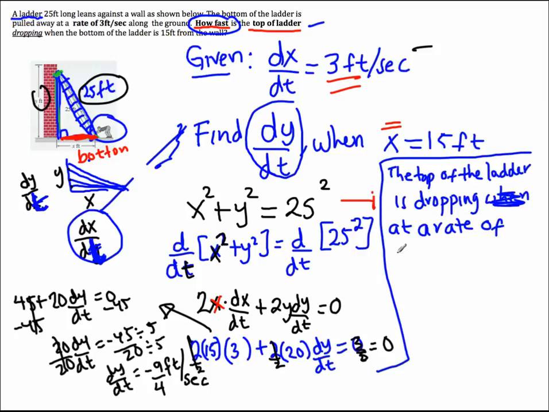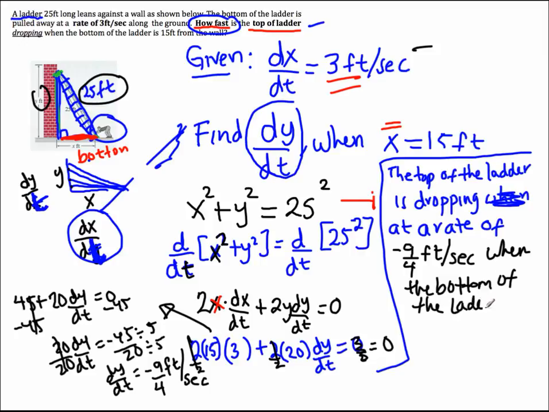The rate is at a rate of -9/4 feet per second, when the bottom of the ladder is 15 feet from the wall. Right there. And that's the end of the problem.